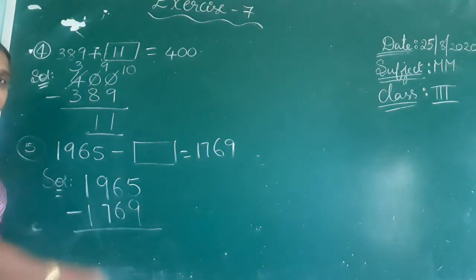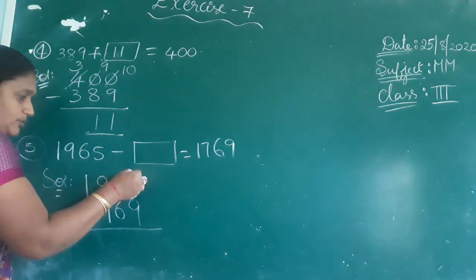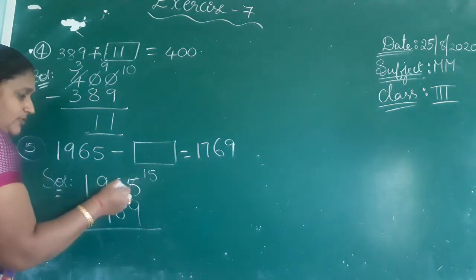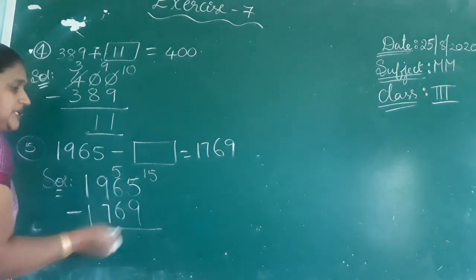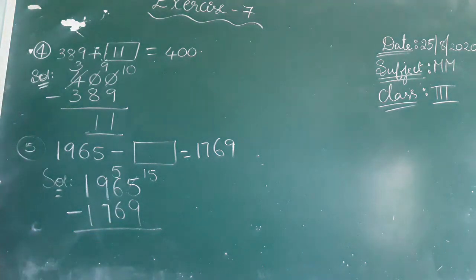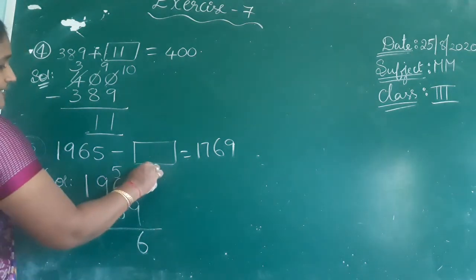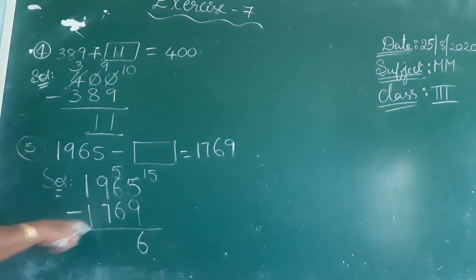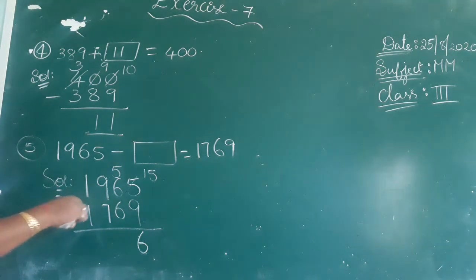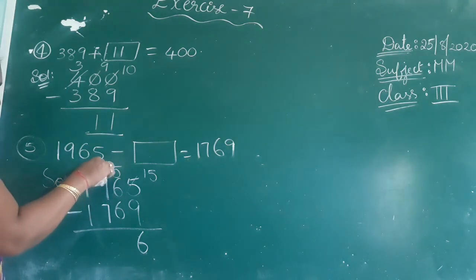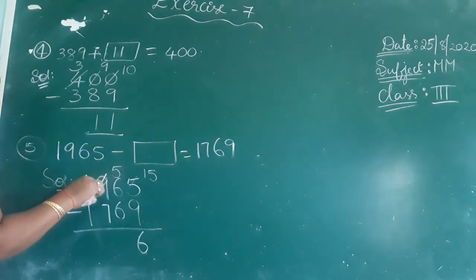Now see the first digit which is at ones place. 5 minus 9. Is it possible? No. So it becomes 15. The before number becomes 5. 15 minus 9, 6. Next, this number 5 minus 6. Is it possible? No. Again take borrow from before number. Now the number becomes 9 minus 1, 8.